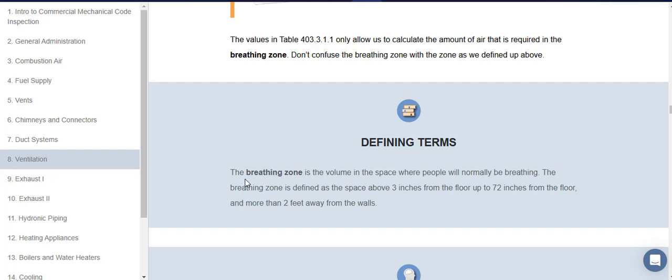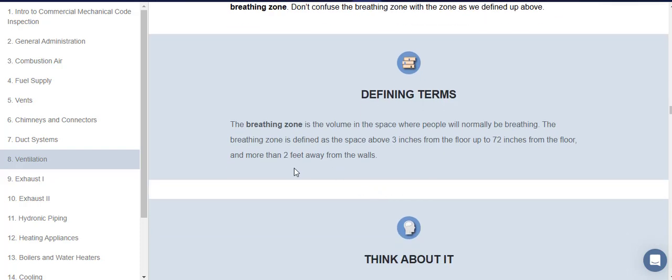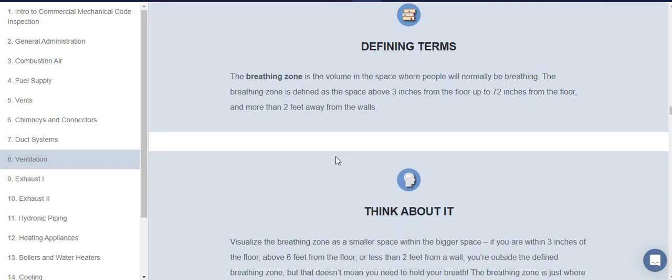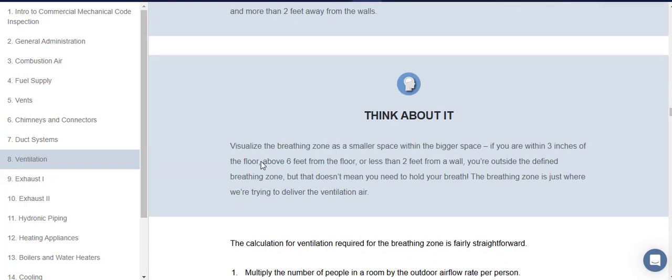Defining terms. The breathing zone is the volume in the space where people will normally be breathing. The breathing zone is defined as the space above 3 inches from the floor up to 72 inches from the floor and more than 2 feet away from the wall. Think about it, visualizing the breathing zone as a smaller space within a bigger space.